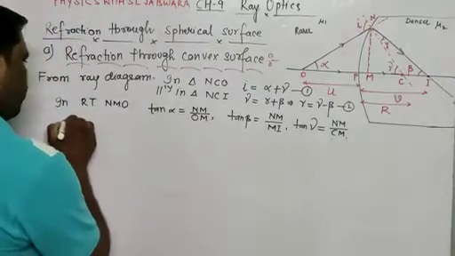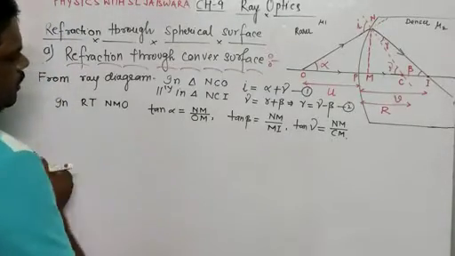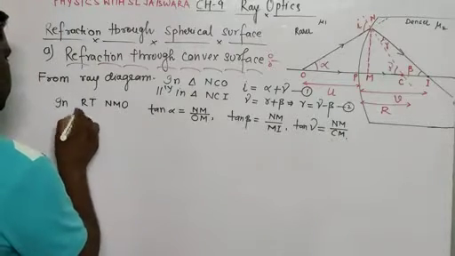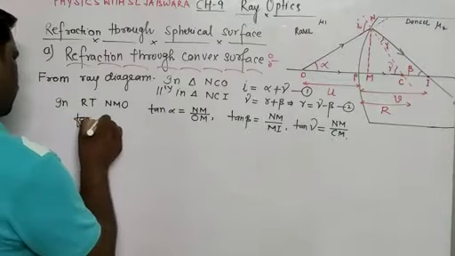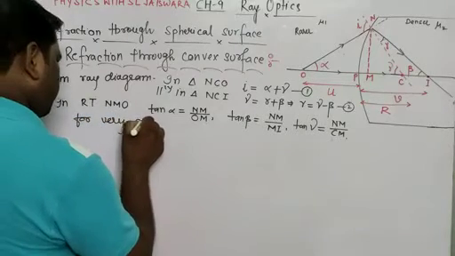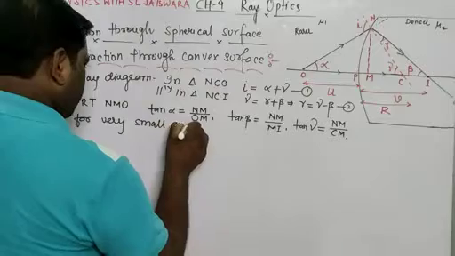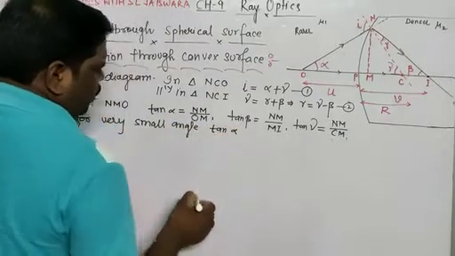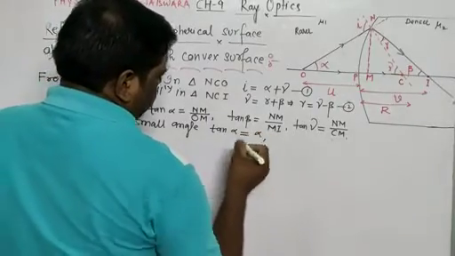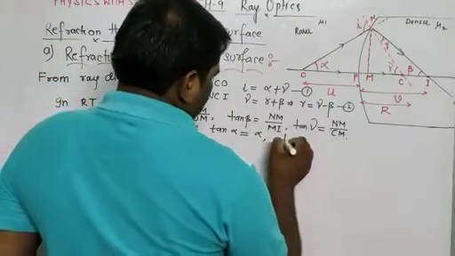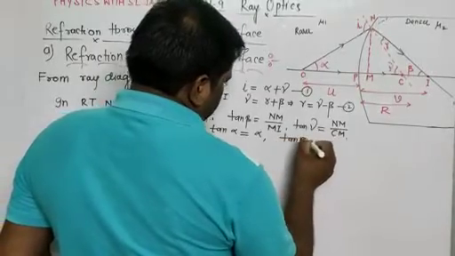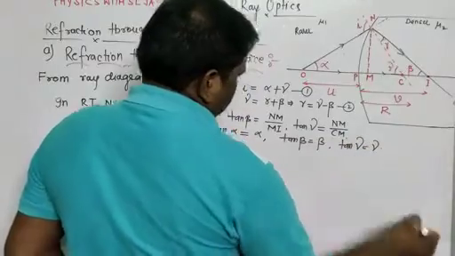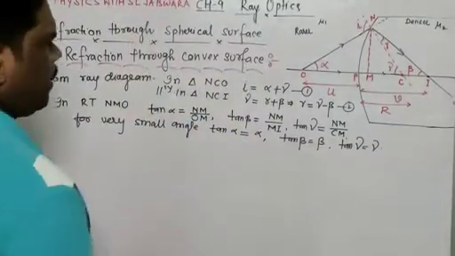Now for very small angles, this is a kind of approximation, tangent of alpha can be written as alpha, tangent of beta can also be written as beta, and tangent of gamma can be written as only gamma.